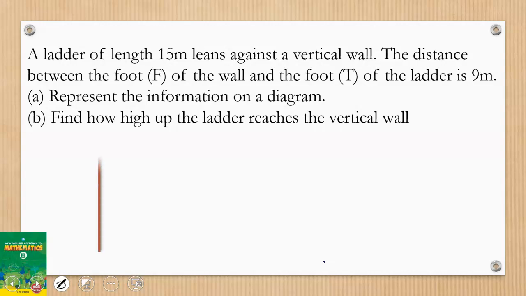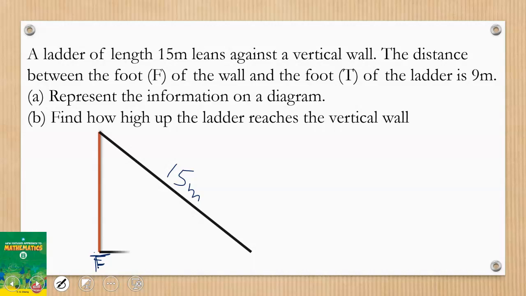Okay, so let's assume this is our vertical wall and we lean a ladder against it. The question says that a ladder of length 15, so I can put 15 meters here, leans against a vertical wall. The distance between the foot F of the wall, so we want to put F here.